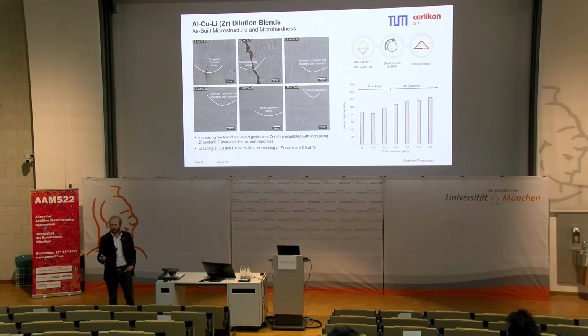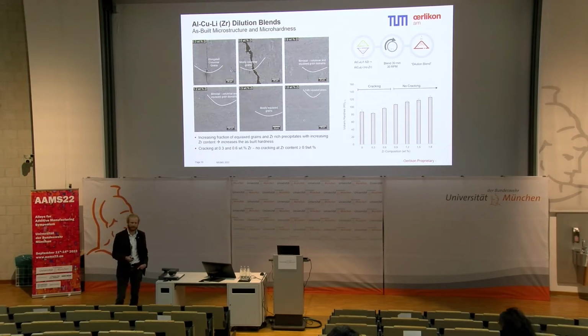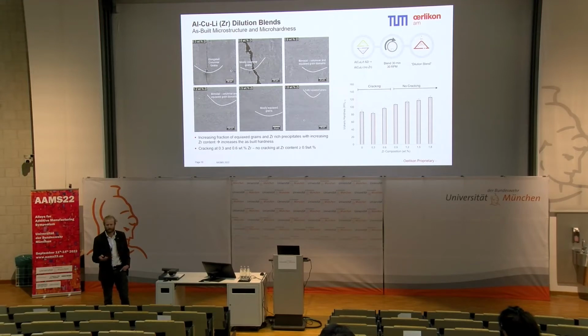But if you want to actually build parts, you can't scan at 200 millimeters per second or 100 millimeters per second. So we're trying to look at around 1 to 2,000 millimeters per second, and ideally pushing to higher layer thicknesses, because from the industrial point of view, build productivity is extremely important for actually adopting any sort of new alloy.